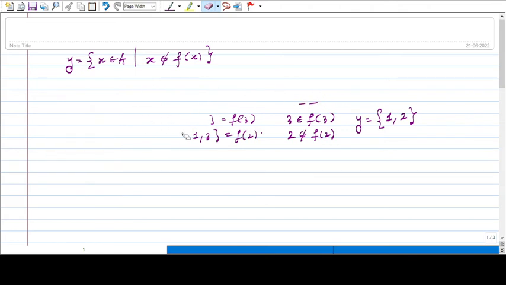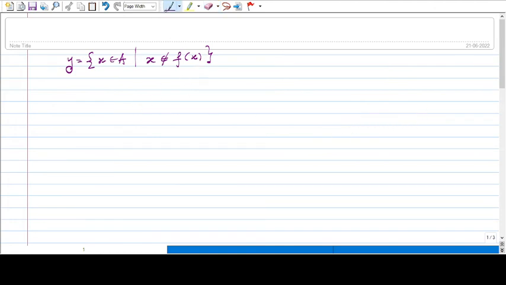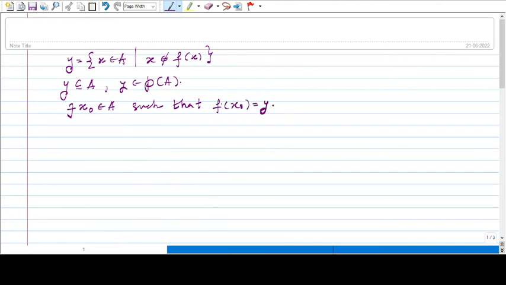We have understood we can construct this set for a function from A to the power set of A. For this particular function I am considering this Y. Of course we have seen that Y is a subset of A, that is, it is an element of the power set of A. Now by our assumption there exists an x naught belonging to A such that f of x naught equals Y, because for any subset I take from the power set of A, I will get an x naught.